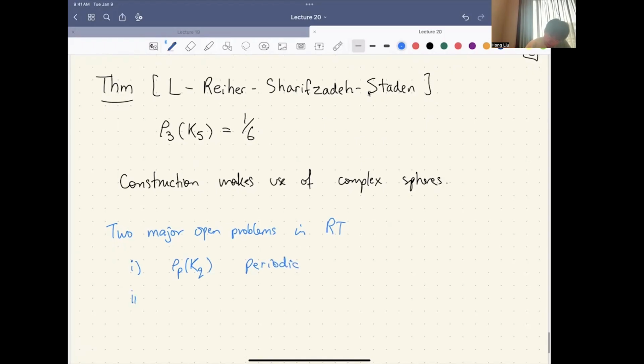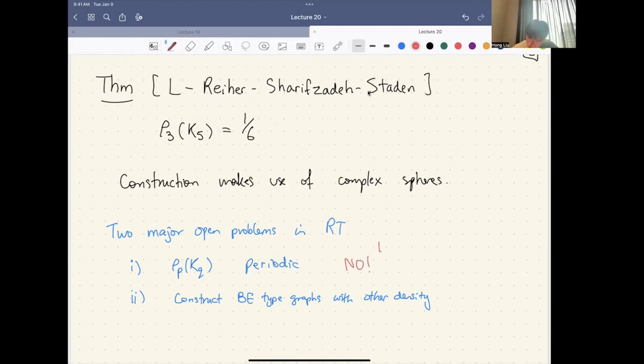And let's not worry about that for now. And another major problem is to construct Bollobás-Erdős type graph with other density. So basically we answer that this is no.